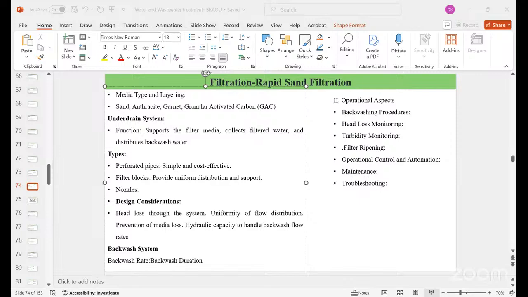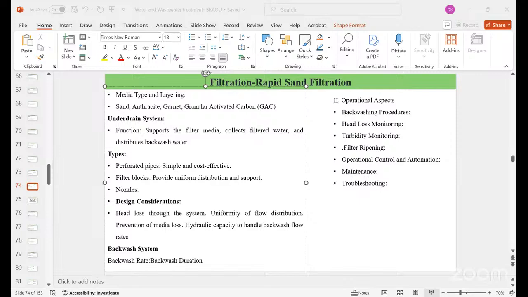The other one is the operational aspects, where the backwashing procedures, head loss monitoring, turbidity monitoring, filter ripening, operational control and automation, maintenance and troubleshooting, all these will be other operational aspects which have to be looked at.